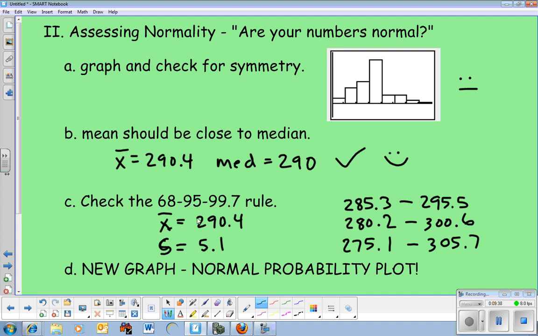So, according to the rule, 68% of my data should be between 285.3 and 295.5. Now, this is going to be a rough calculation because I've got decimal cutoffs and I've got whole number scores, but again, we're just checking. So I'm going to include anything from 286 to 295 in the top group.